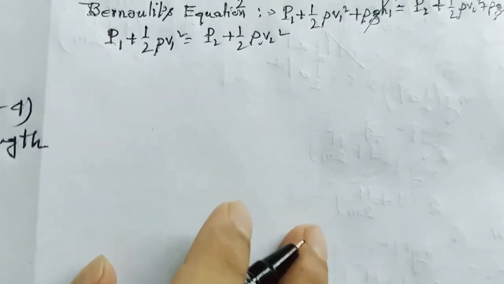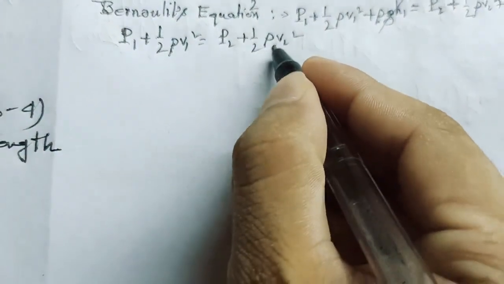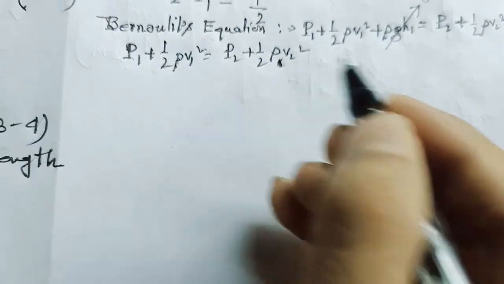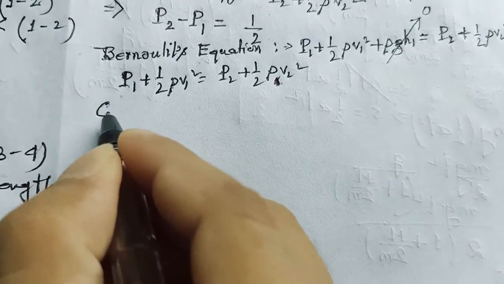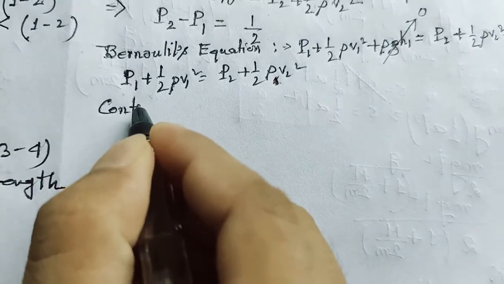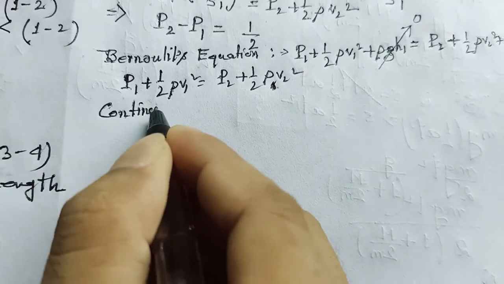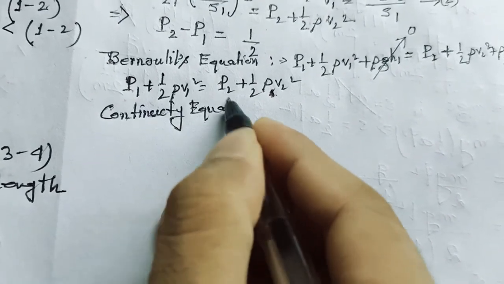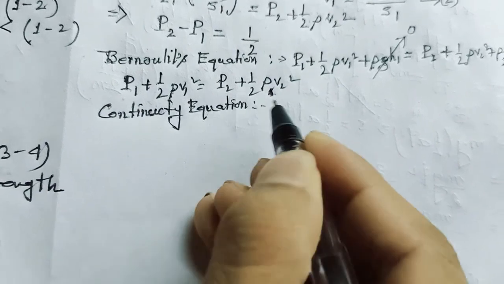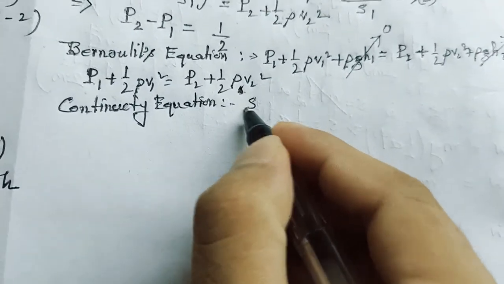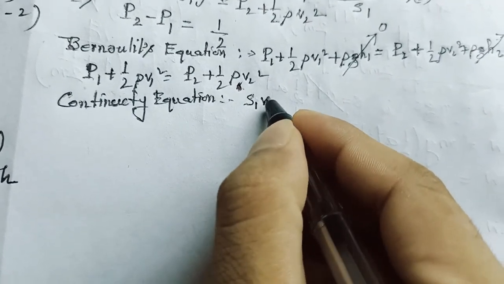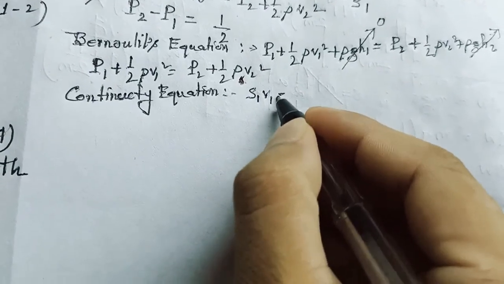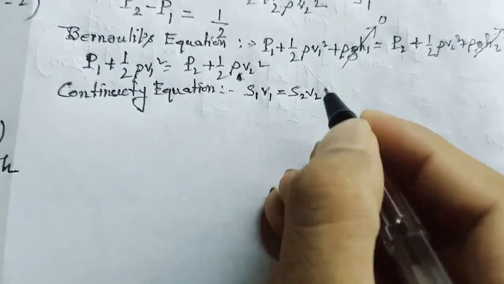Now we will consider the continuity equation for this tube. The equation of continuity provides us S1 V1 equal to S2 V2.